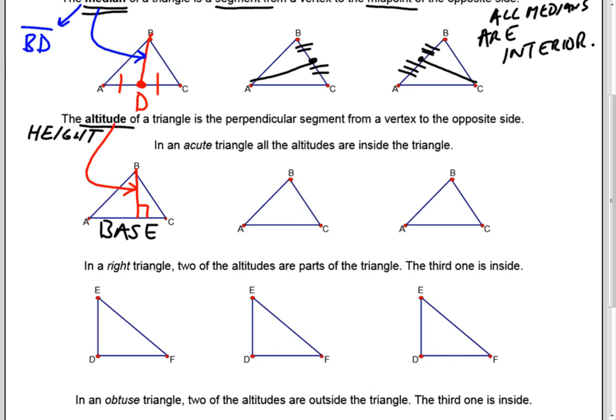But if I'm looking at a specific type of area problem later on in chapters 11 and 12, and maybe I don't have this distance, but maybe I've got this distance, maybe I want to consider that side to be the ground floor or the base. In that case, my altitude would be from A to BC.